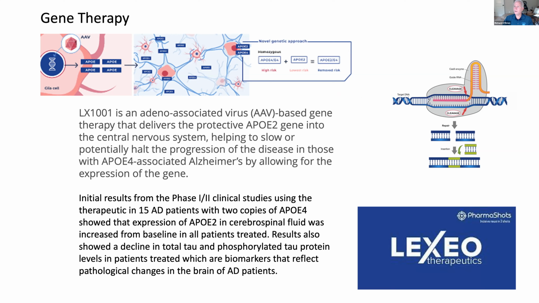The difference between an E2 and an E4 is 2 base pairs, so this is a trivial little snip. And they've already done a 15-person phase 1 study to show that the technique works and is safe. And now they're gearing up for a much larger phase 2 study.